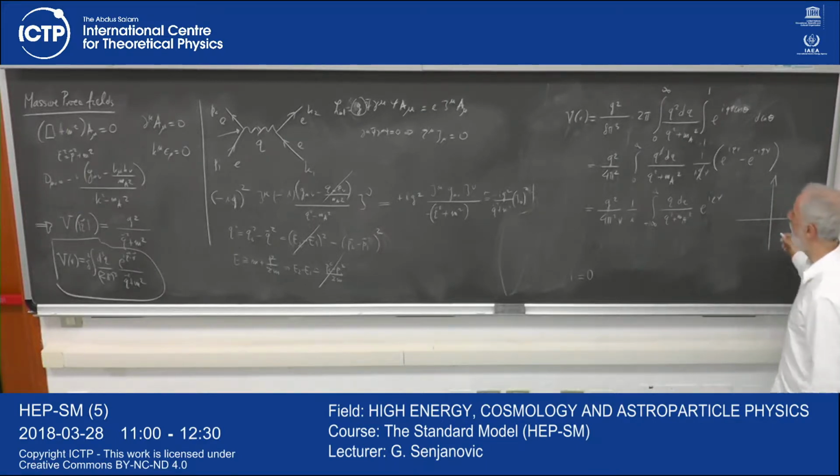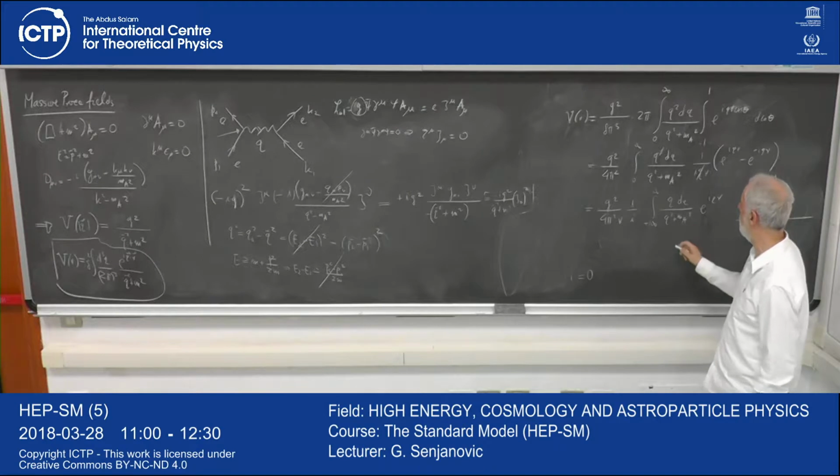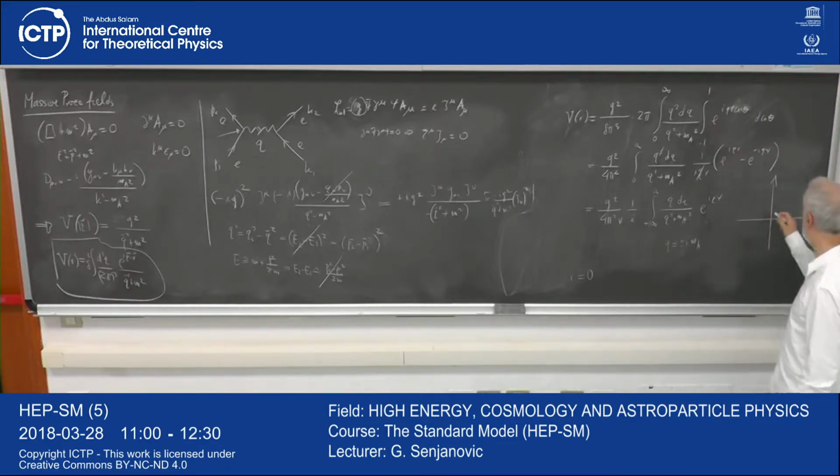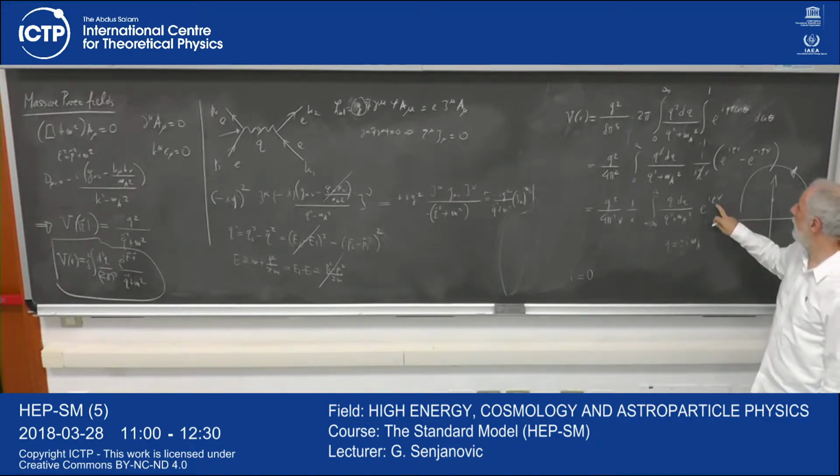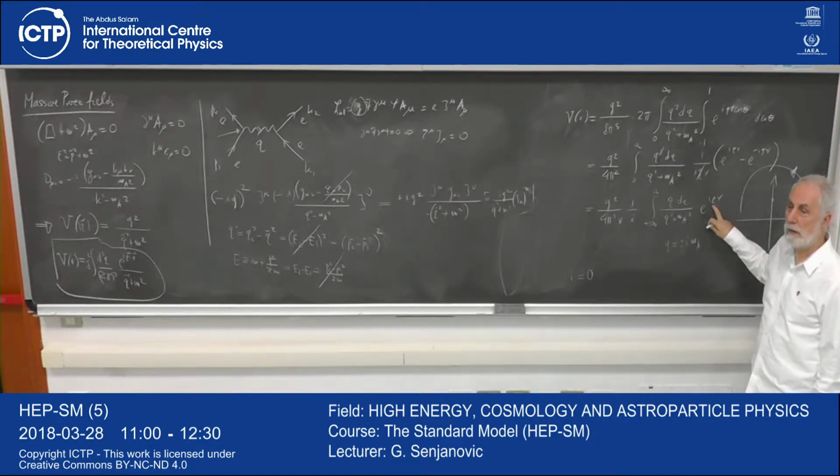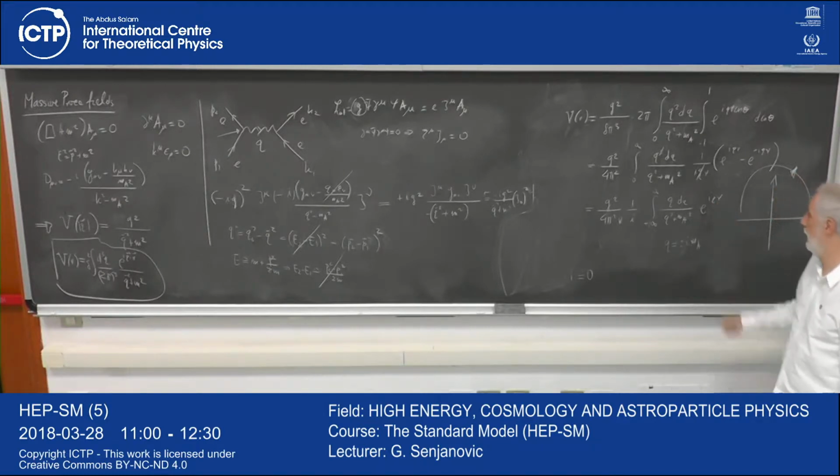Where are the poles? The poles are at q equals plus or minus i ma. They are along the y-axis. So obviously I'm going to take this contour, because when I analytically continue, this is x plus iy, this dies off.